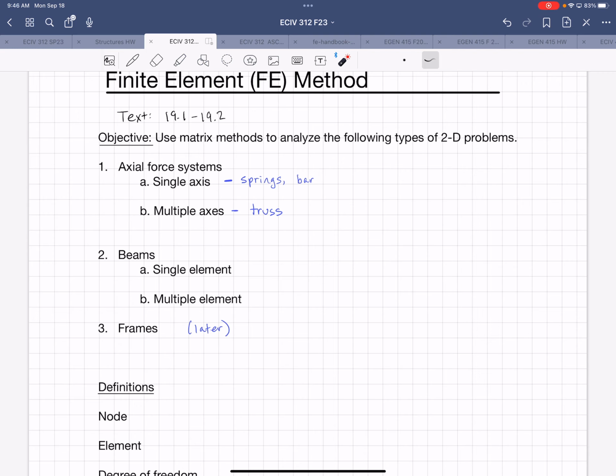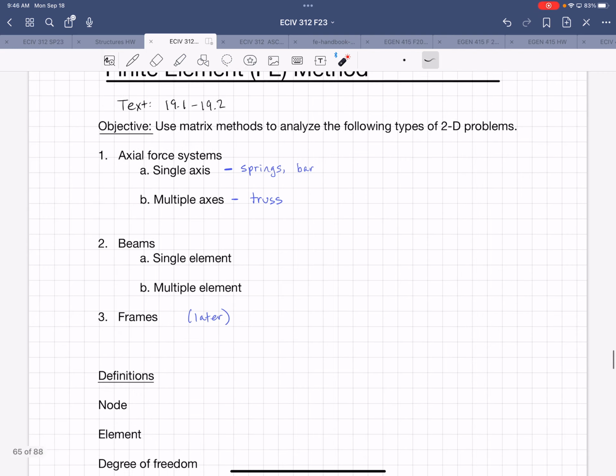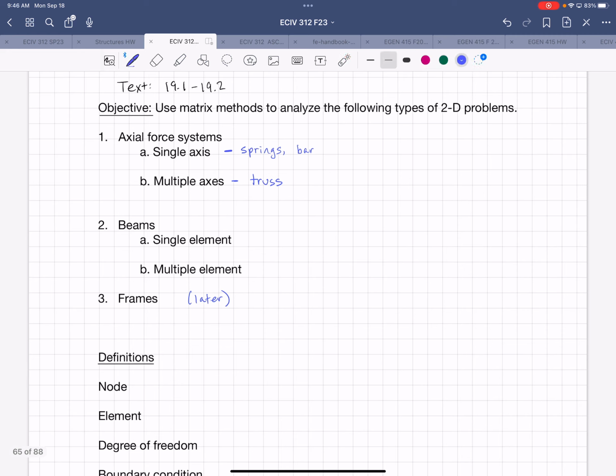So bending, moment, and shear. With a frame, you have to think about all of those. So we'll just say combine 1 and 2 for frames. You can also think of it as axial force system plus beam behavior gives you frame behavior.